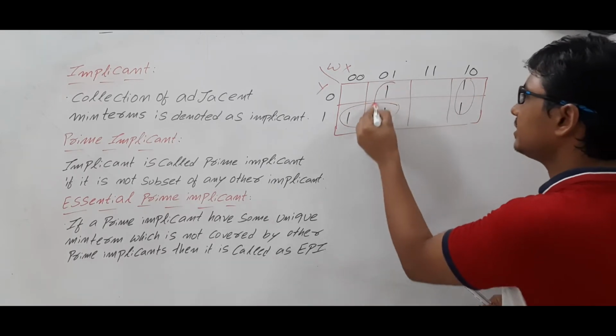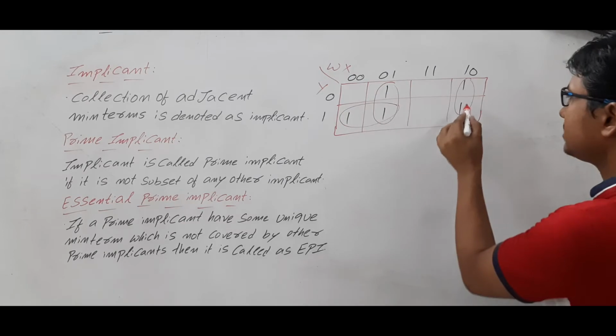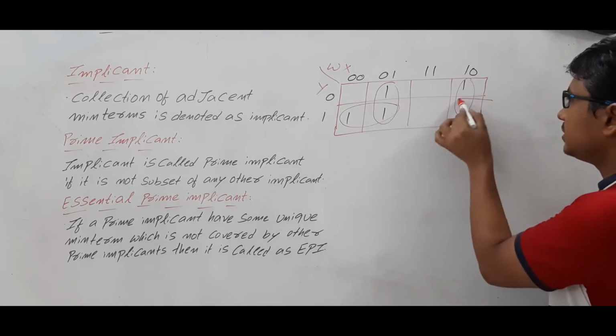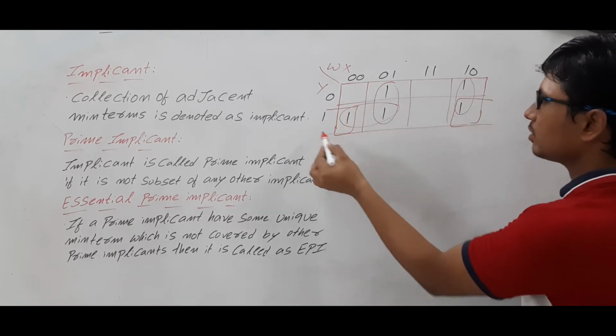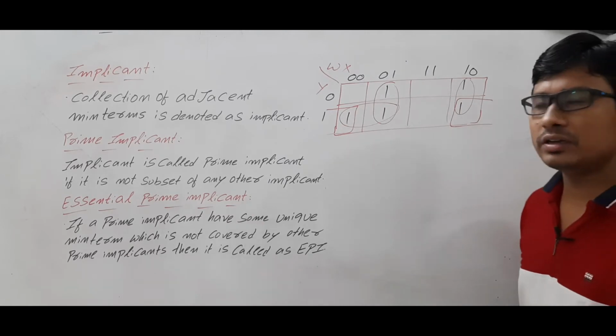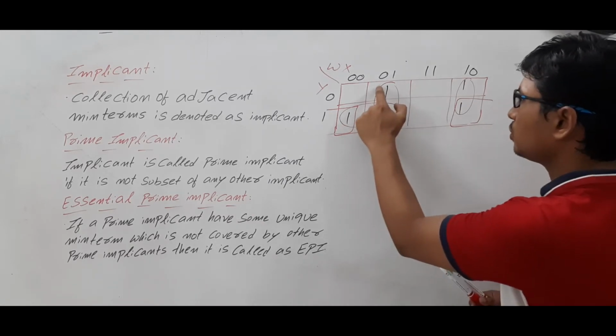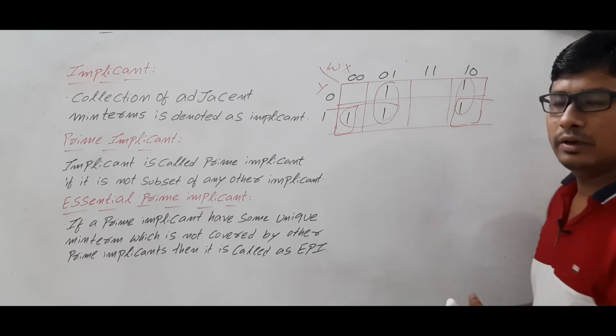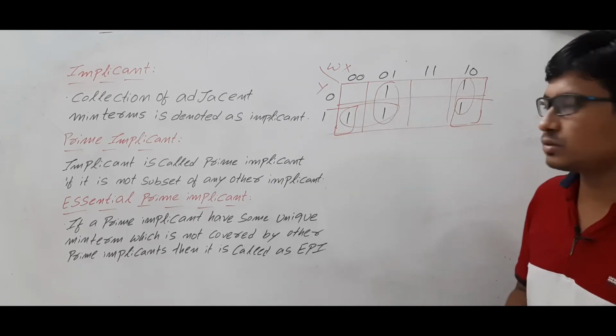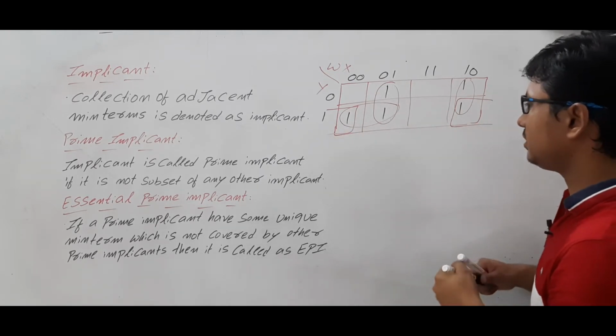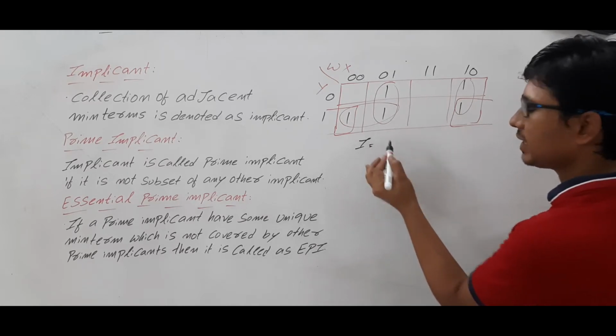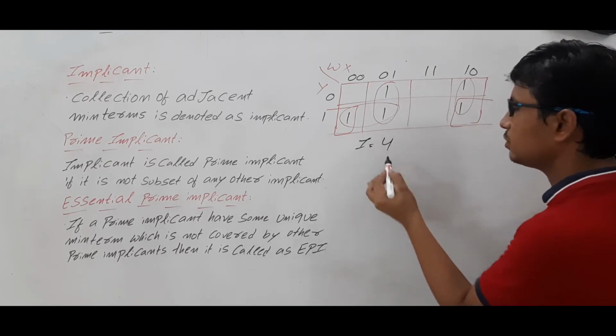Similarly, I can get another implicant. This is another implicant. Now, this can be another implicant. Am I right or wrong? So, totally how many implicants did I get? 1, 2, 3, 4. Why? This is also adjacent. So I got 4 implicants. Let me write, number of implicants is equal to 4.